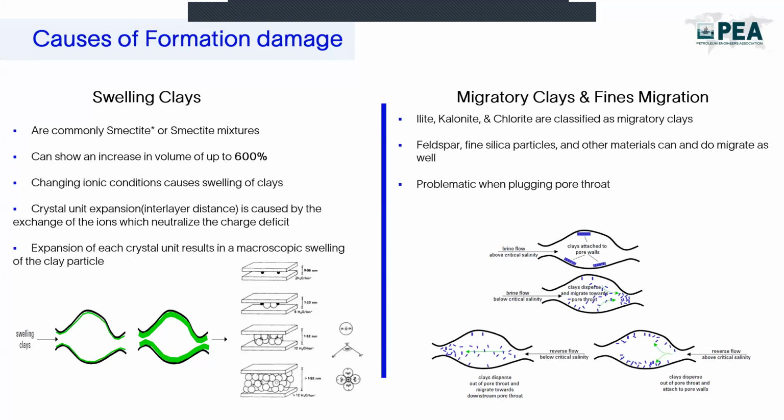Sometimes we see that after producing water, there is a drastic decrease in production, and this is actually one of the major reasons. If the swelling clays are on the larger or major pore throats of the formation, the permeability reduction will be much more severe than if they are occupying the small pore throats.